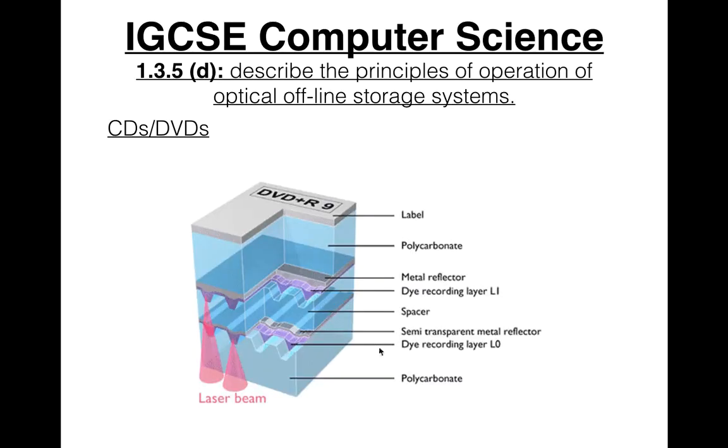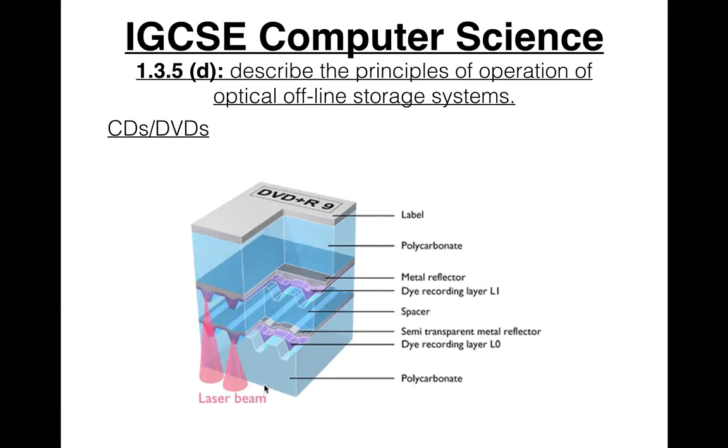So here's how DVDs kind of look, if you were wondering. We have a laser beam that reads this part here, and a laser beam that reads this part here. It's a semi-transparent metal reflector, which basically means that a laser can pass through it.